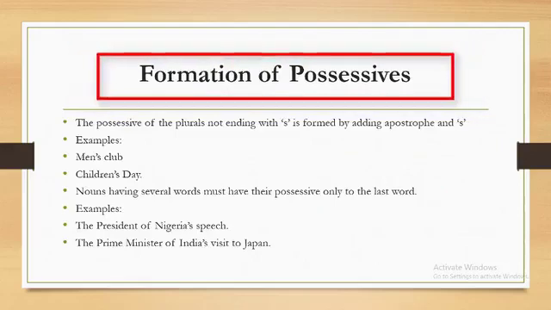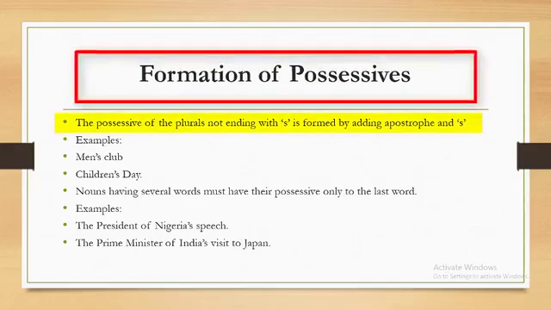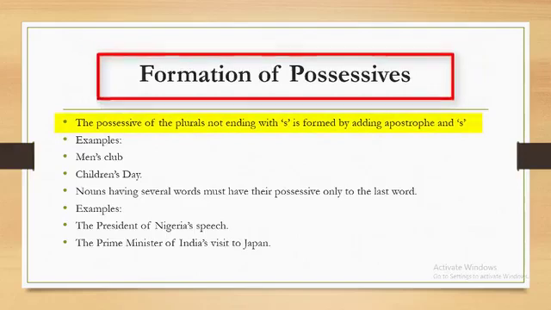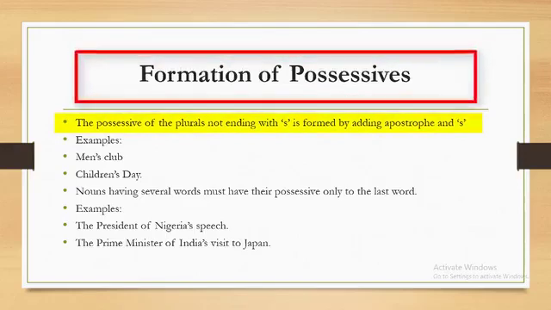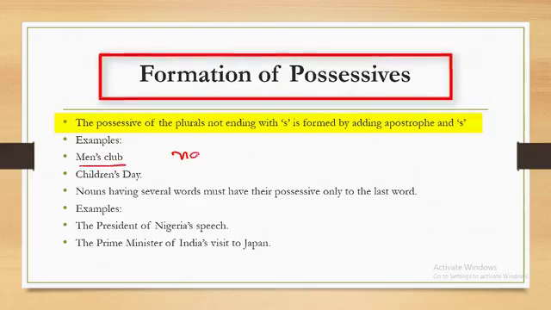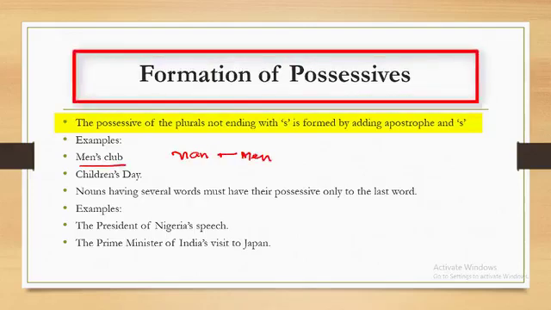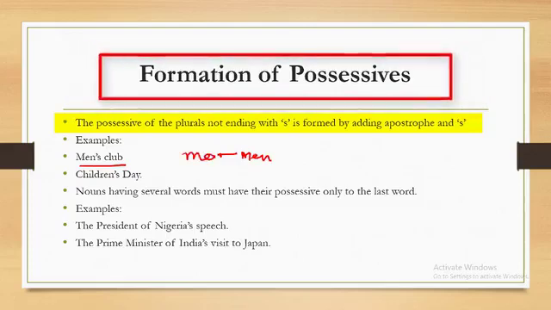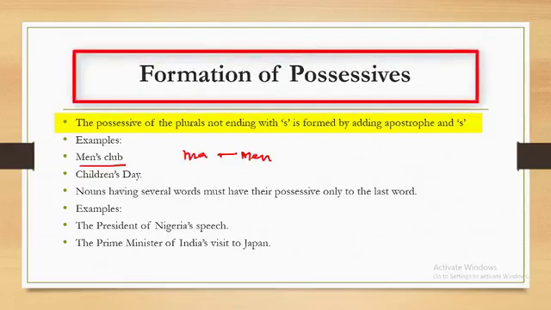Then we also have a situation where such plural number does not end with an S. So in such cases, we introduce the apostrophe with an S. For instance, we have men's club. Okay, the plural of man is what? Men. Man is singular number, while men is the plural number.